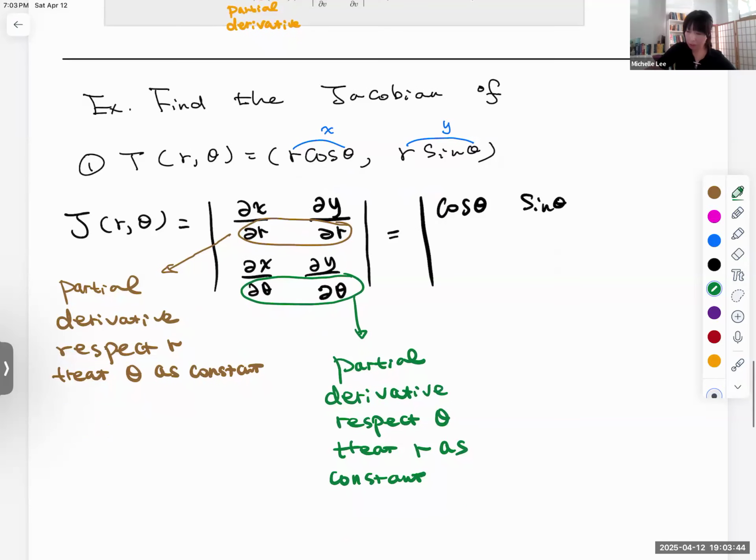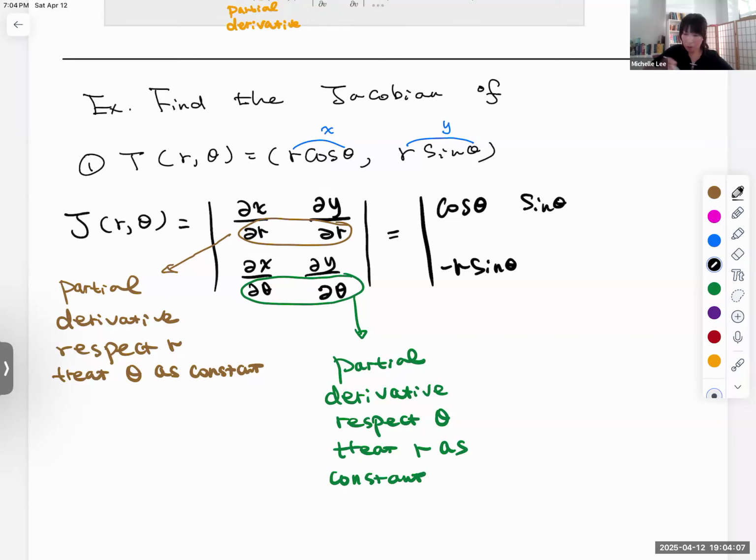We have the derivative with respect to theta of r cosine theta. r is constant, so we keep the r. What's the derivative of cosine? Negative sine theta, good. Negative sine theta.